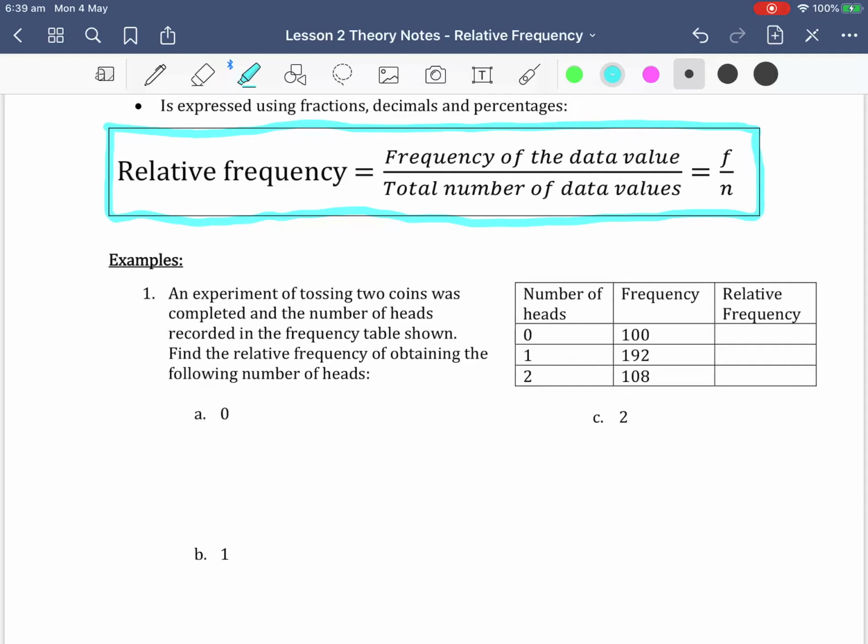So how we find relative frequency is, we're going to say RF of 0 equals the number of zeros we toss, which is 100, over the total number of times we tossed, the total frequency.